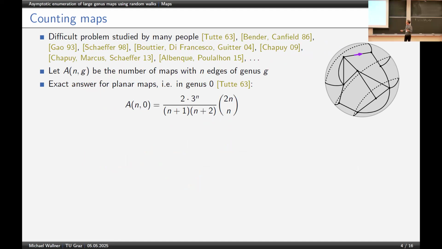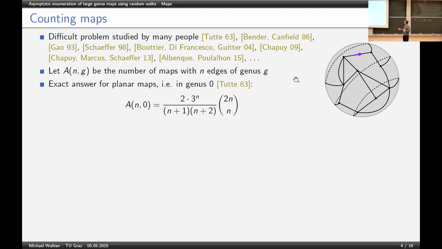One of them is by Tutte from the 60s: the number of genus 0 maps, which are planar maps. Genus 0 means the underlying surface is a sphere, so no holes, no handles. Then the number is given by this explicit formula. This is quite nice.